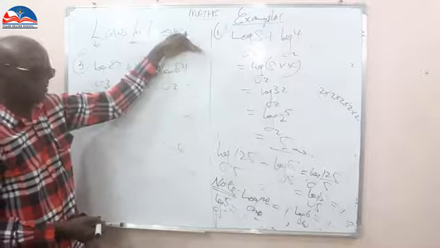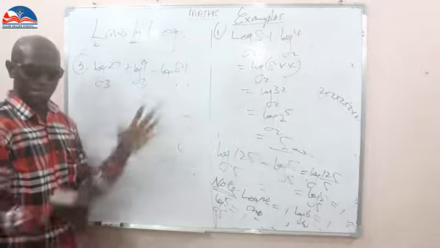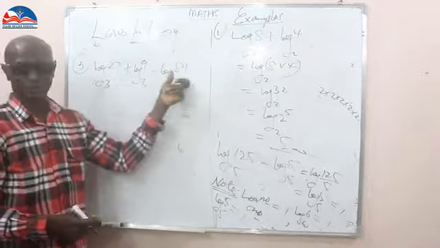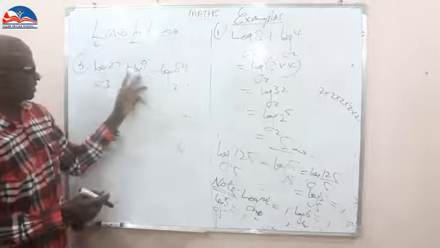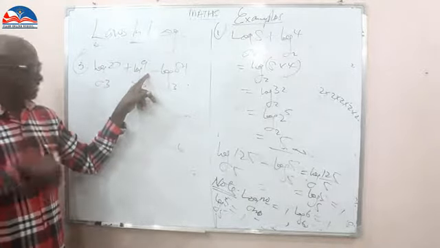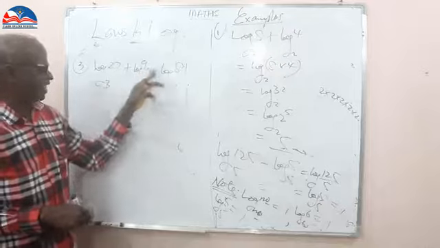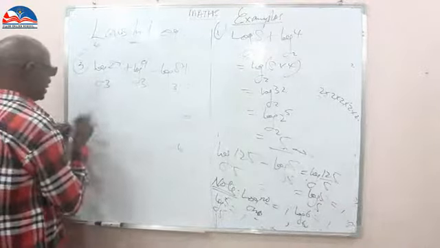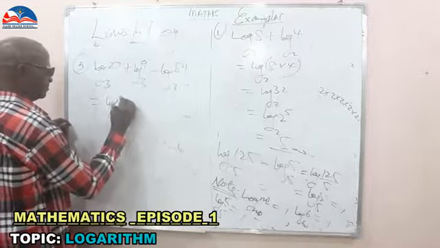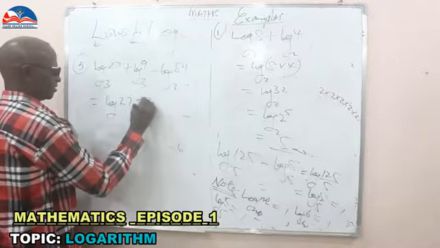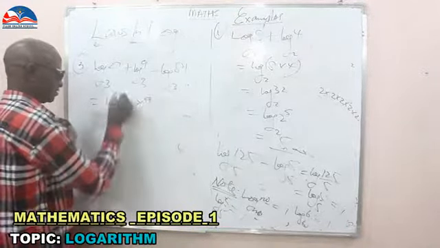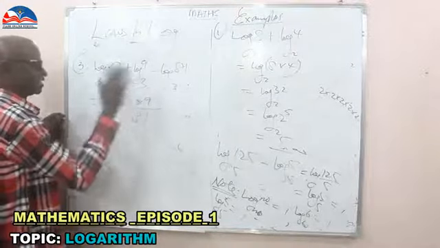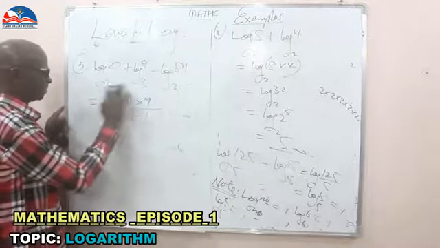The first law is talking of addition, the second law is talking of subtraction. The first one says addition, you multiply, and the other one says subtraction, you divide. So I'm going to multiply this and divide by this. The resultant effect is log of 27 times 9 divided by 81, and the base remains, so long as the bases are the same: base 3, base 3, base 3.